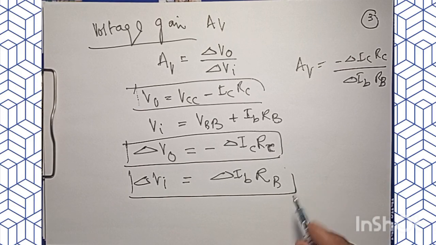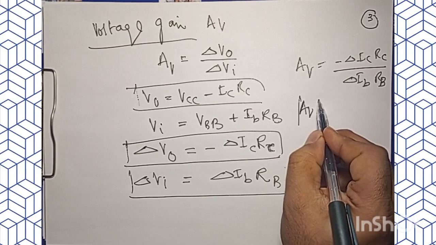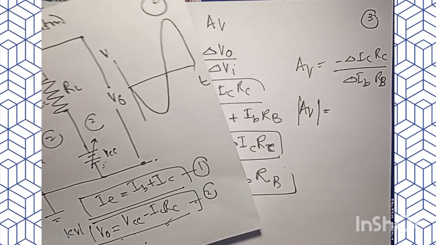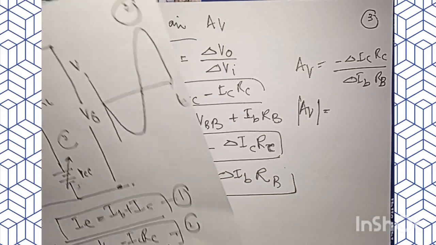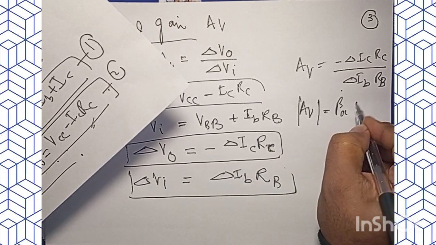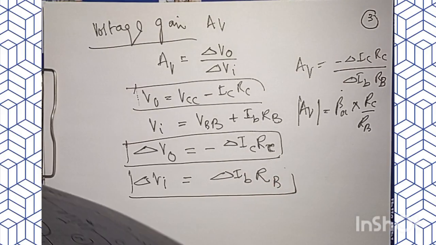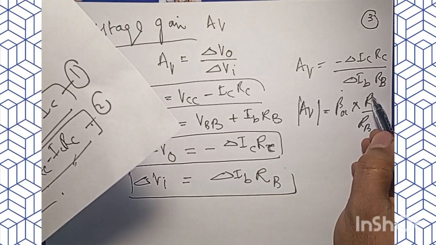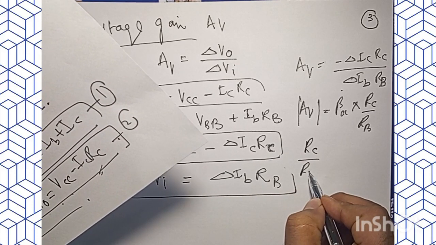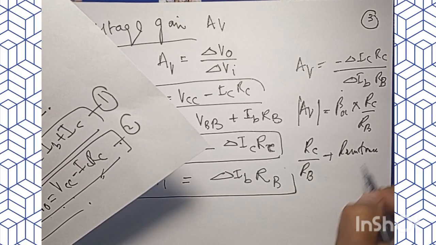We can write this in terms of the magnitude of gain AV. Now what is delta IC by delta IB? We have already evaluated that, and that is beta AC. So I will use beta AC times RC by RB. Now RC and RB are the ratio of collector resistance to the base resistance. This RC by RB is the resistance gain.